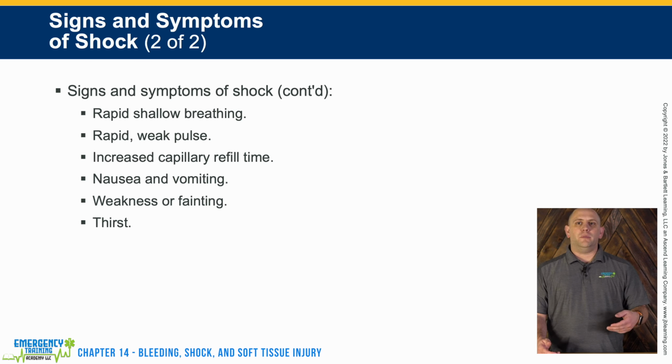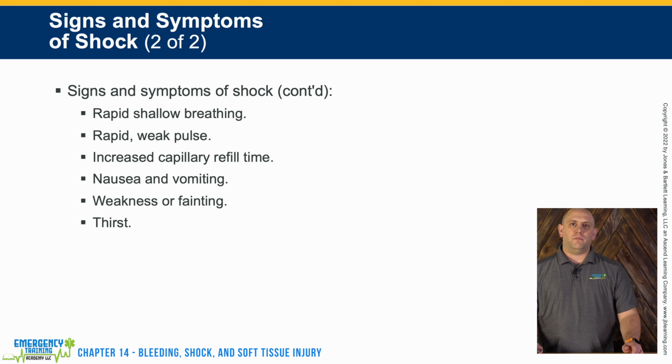This will cause you to become nauseous and eventually start vomiting. And then we may have this continual thirst as we have the need to increase our volume. Our body will want fluids so that it can increase that volume.